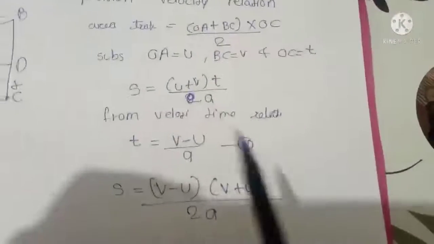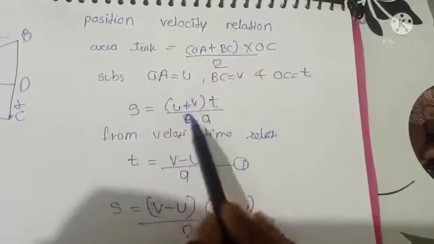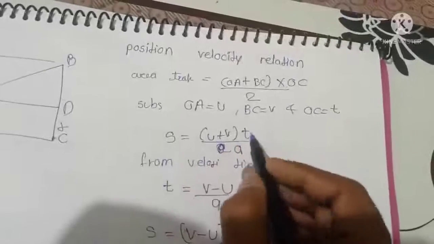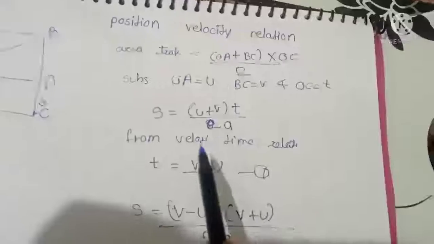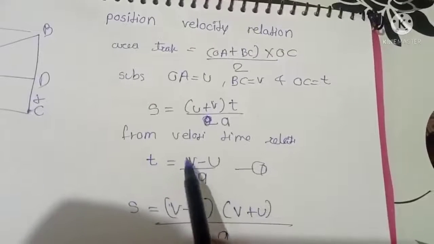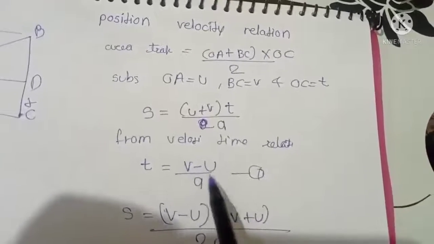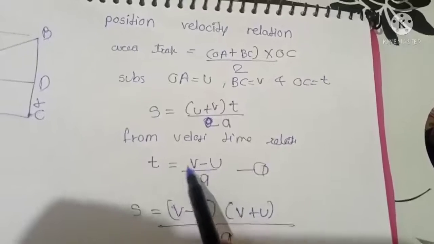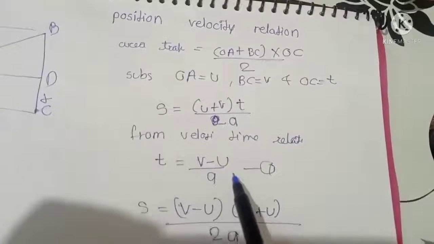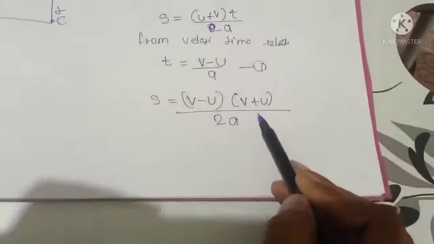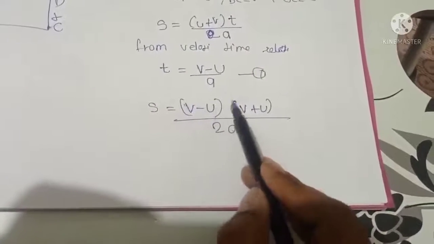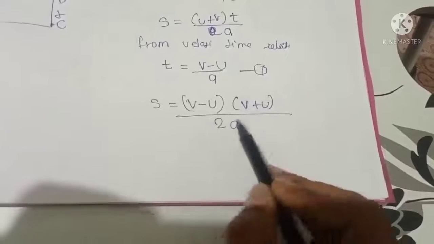How did we do this? From this equation we get V plus U into T upon 2, and from the velocity time relation we know time is equal to V minus U upon A. So we put this in and we get V minus U into V plus U upon 2A.